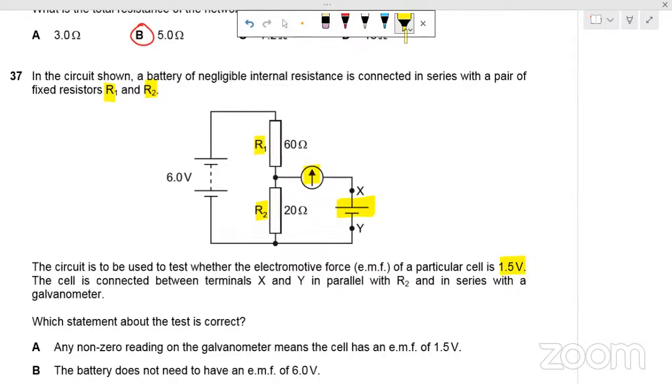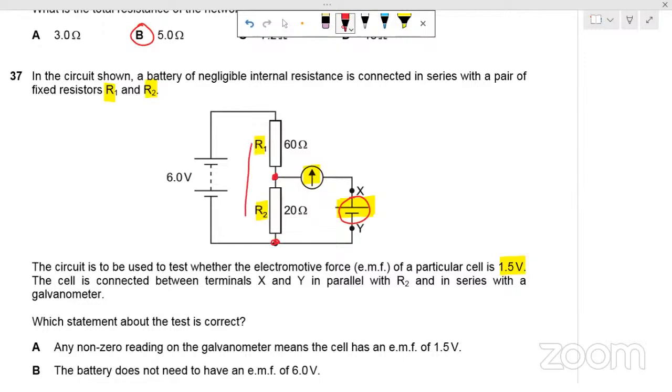You know, the EMF of this cell is obtained when there is zero deflection in the galvanometer. Then that will show the potential difference across this resistor will be equal to the EMF of this cell. What is the potential difference across this R2? As in this condition, where the deflection of the current is zero, no current will flow through the galvanometer.